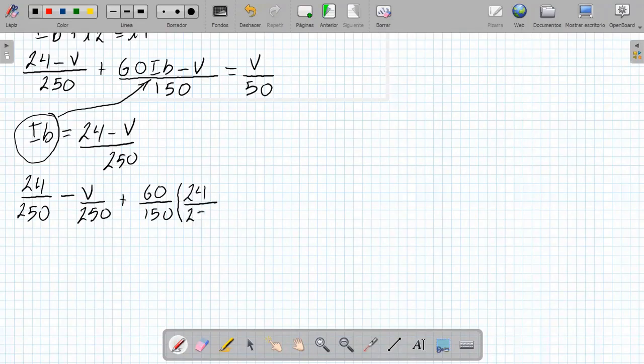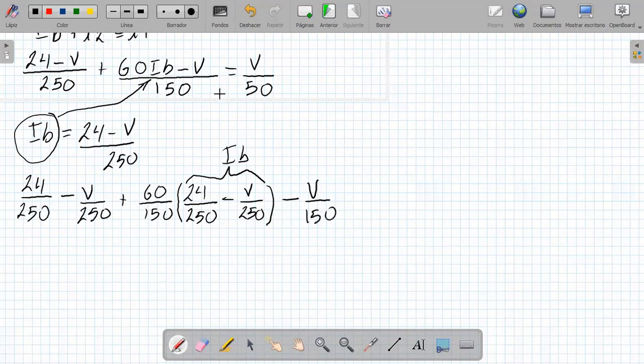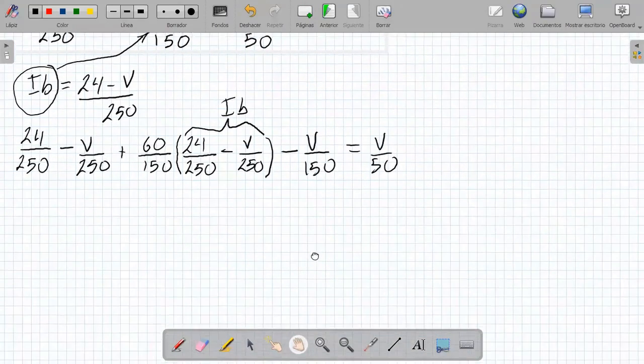I'm going to put 24 over 250 minus V over 250. I'm already separating this, and this is the V, right? Except here, the V over 150. This is going to be equal to V over 50.